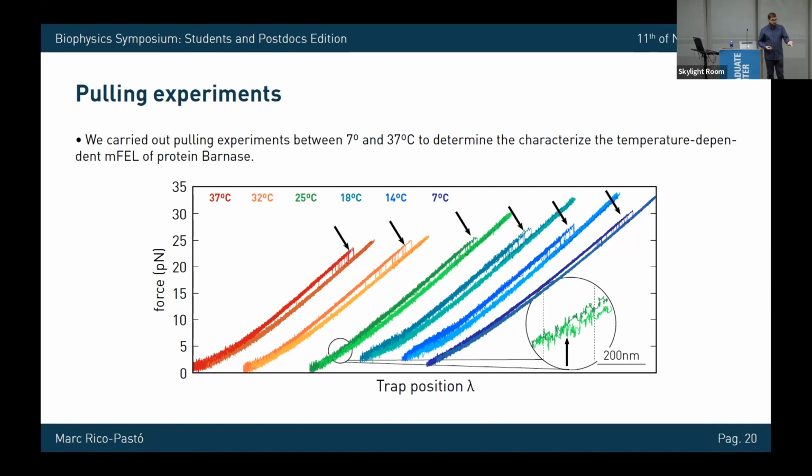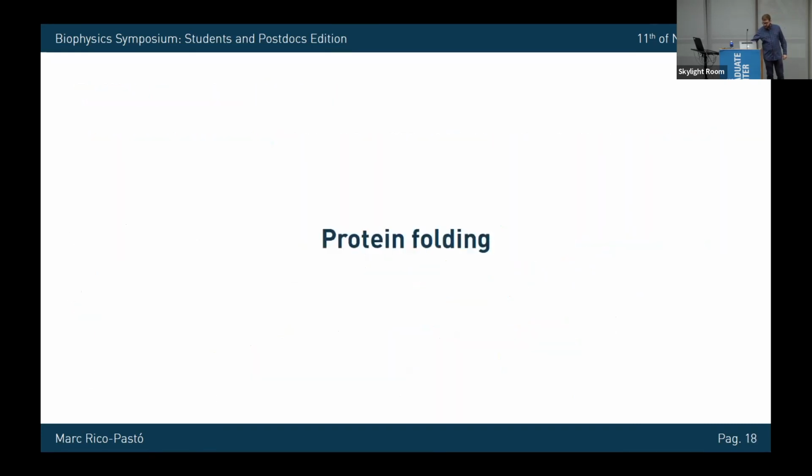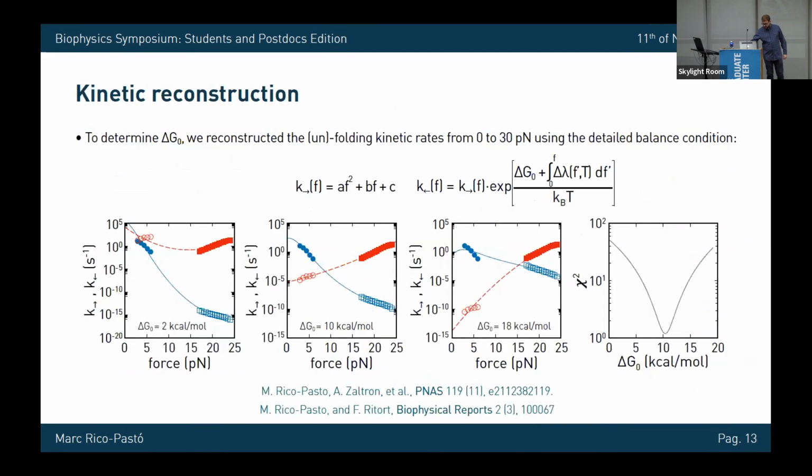And if you don't know how these elastic properties change with temperature, you are in a bit of a conflict. But in our case, we studied these elastic properties, in the second reference here, and we found that the elastic properties of DNA, but also proteins, change linearly with temperature. It's pretty easy to control this contribution.